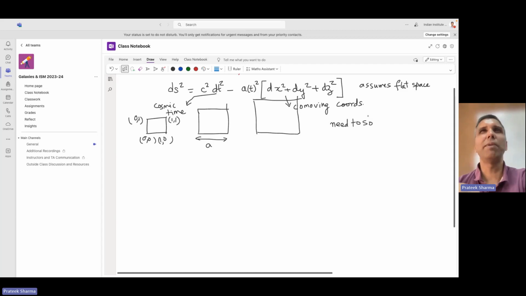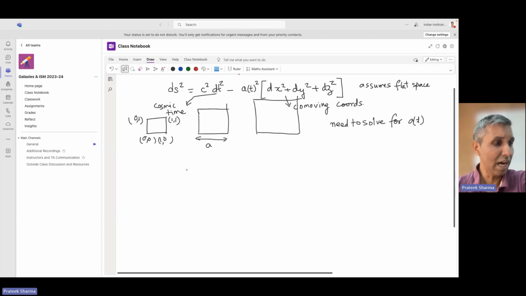So we are not doing the complicated curvature parts, but this is what's most relevant to us. Perhaps in the GR and cosmology course, you will do that. We need to solve for a as a function of cosmic time, because that's what determines how the background space expands with time.